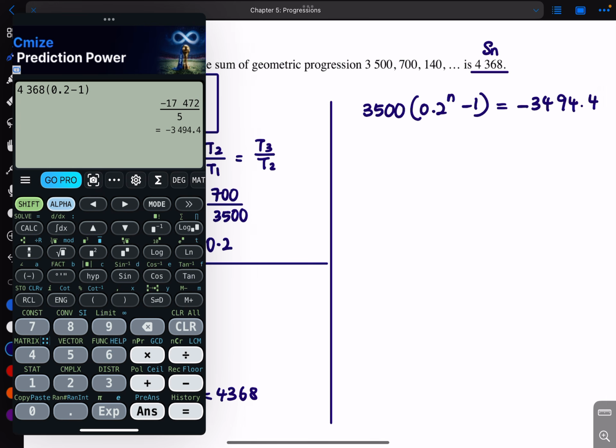Okay, and then this 3500 we bring here, becomes divide. So 0.2 power n minus 1 is this answer divided by 3500.